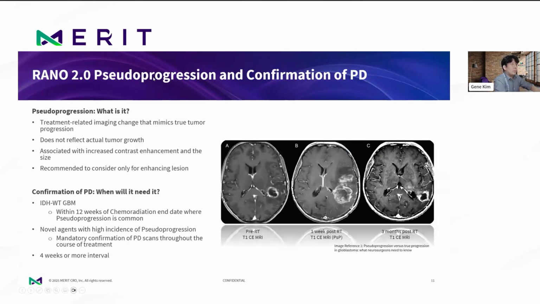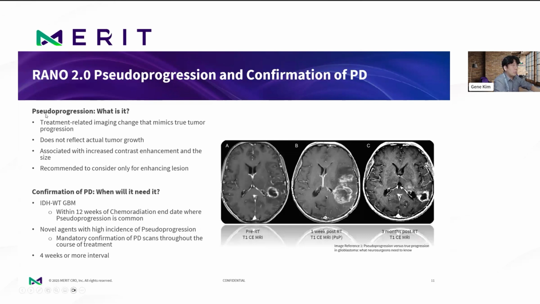And also big updates on the RANO 2.0 in terms of pseudoprogression, and a confirmation of the PD workflow has been assessed. So before going into this slide, just wanted to touch base on what pseudoprogression is in neuro-oncology or RANO criteria. So this is more of a treatment-related imaging change that mimics the true tumor progression.